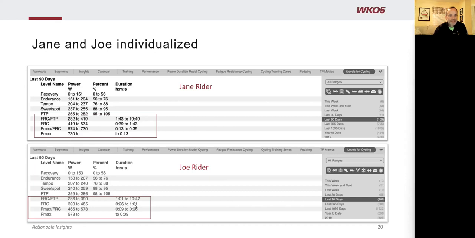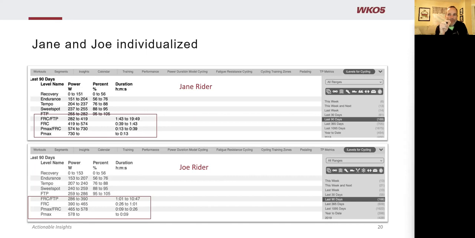So here you can see up to a, too much math tonight, 42-second difference, right? So when you begin to think about that, we have dramatic variations once we individualize our athlete training targets, dramatic differences in that target.